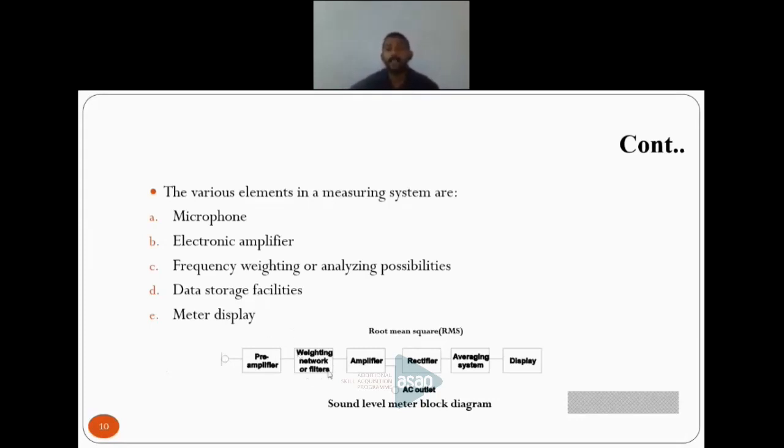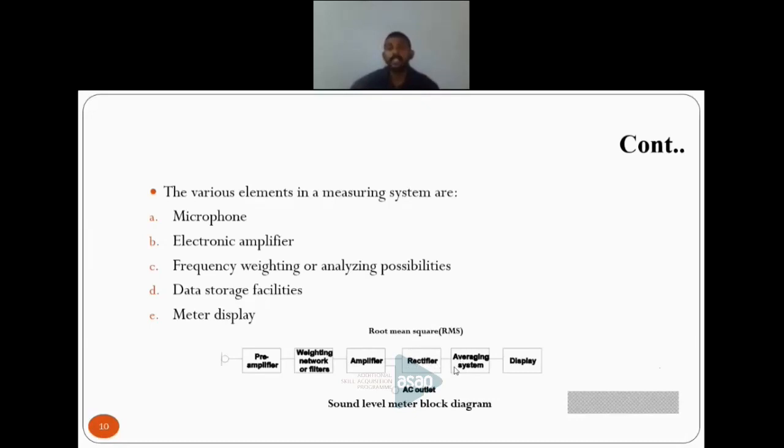Next is the amplifier, which multiplies the signal to get the data in a good manner. The amplified AC signal can be connected to storage if we want to store the data. To display the data, the next step is the rectifier, where root mean square circuits convert it to a DC signal.